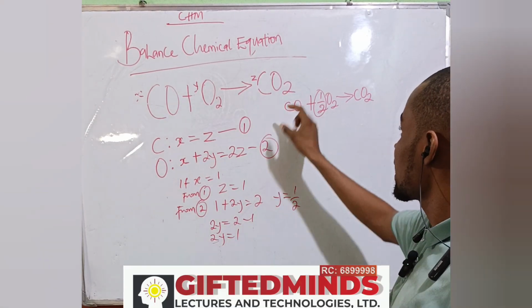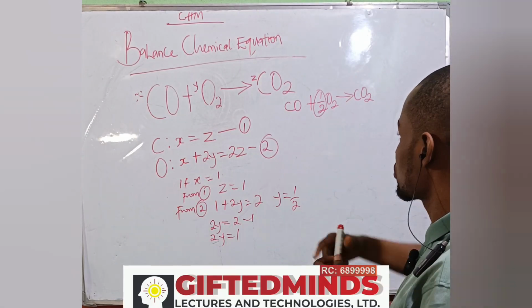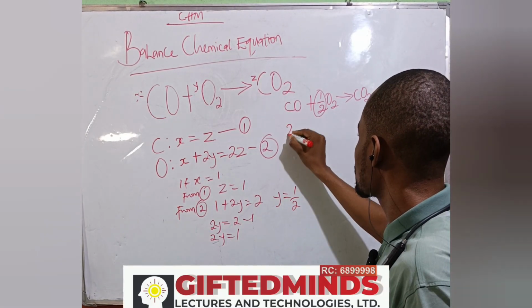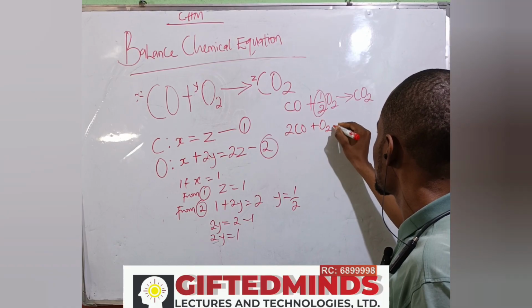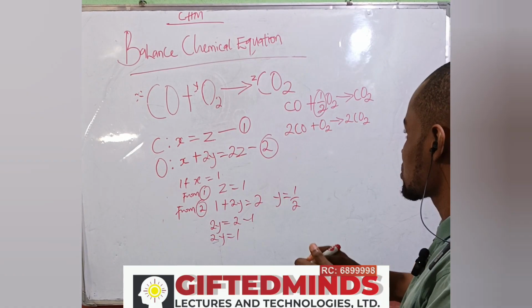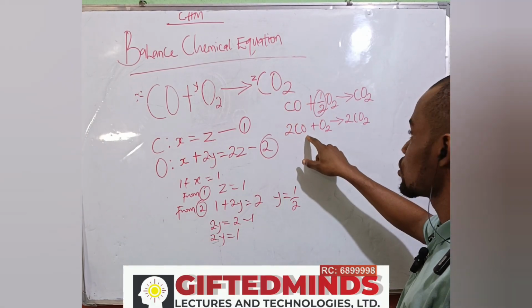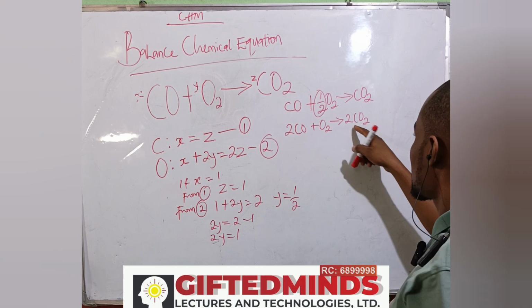So I have to multiply every substance here by 2 to remove this fraction. If that is the case, I'll get 2CO plus O2 gives you 2CO2, which means if I multiply this by 2, I have 2CO. If I multiply this by 2, the fraction goes off. If I multiply this by 2, I have 2CO2.